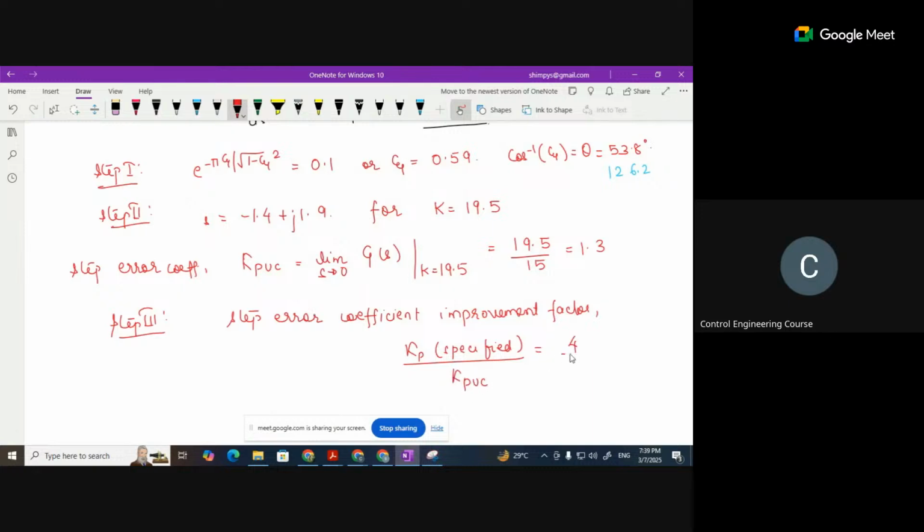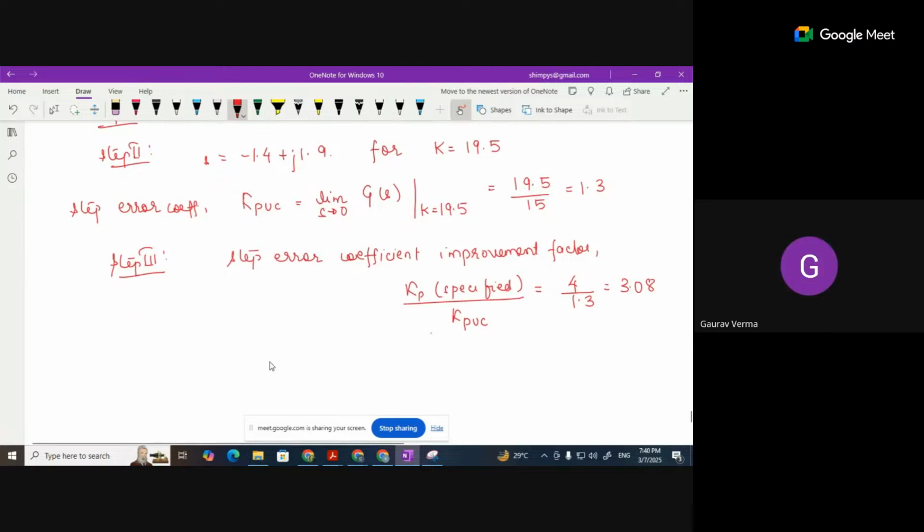So this comes out to be 4 by 1.3, that is 3.08. Now see here again, the value of beta is not given, so let us choose the value of beta as 5. It should be greater than 1. You can choose it to be 10, or 15. Let us choose 5 here.